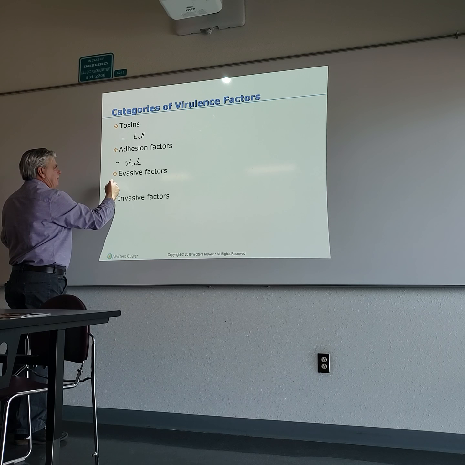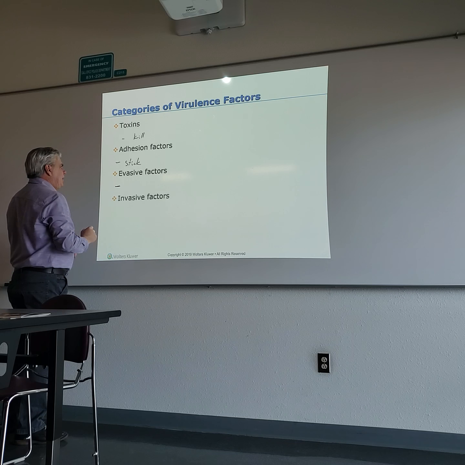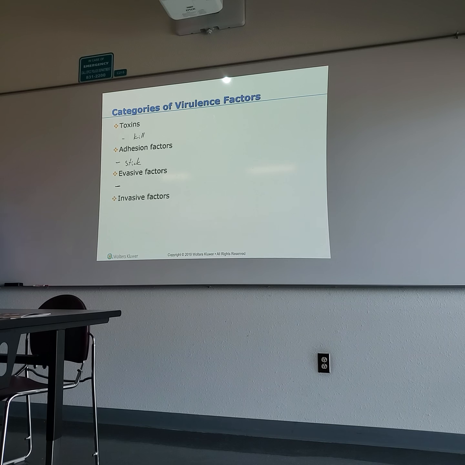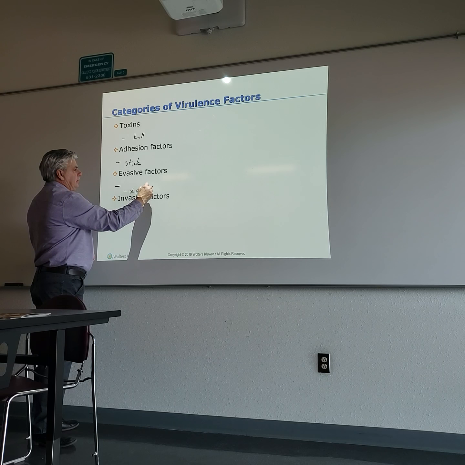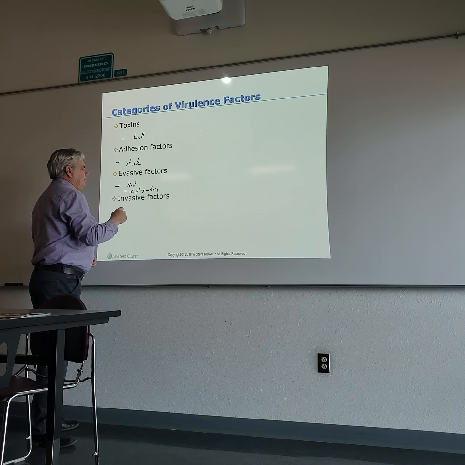All right. Invasive factors are going to be things that allow it to evade the immune system. Things like capsules that both allow you to hide from the immune system and prevent phagocytosis. So it could be anti-phagocytosis. Not only hide, but evade phagocytosis.